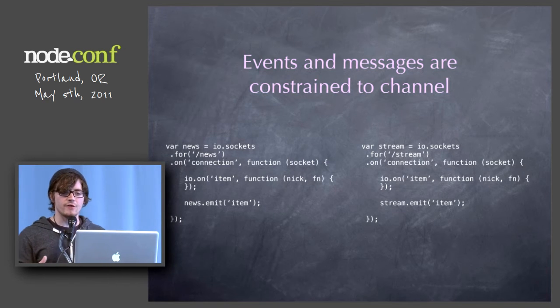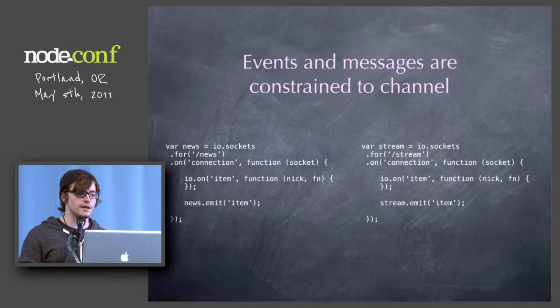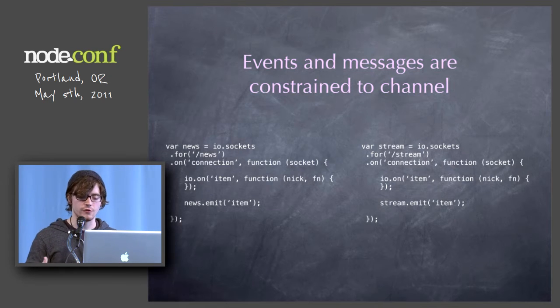And that means that every single event or every single message that you send is constrained to that particular namespace. So this also fits really well into how you could make your own applications, even if you're not reusing third-party code. You might have an event called item or an event called message, but they are actually 2 different things in 2 different namespaces.